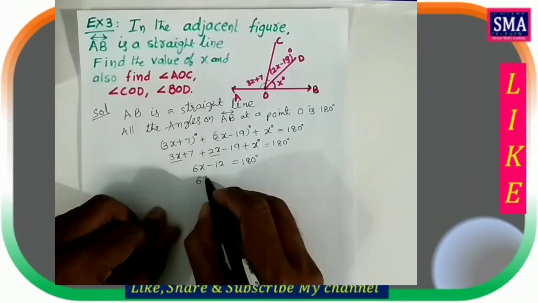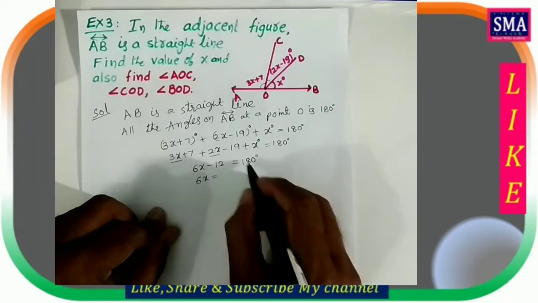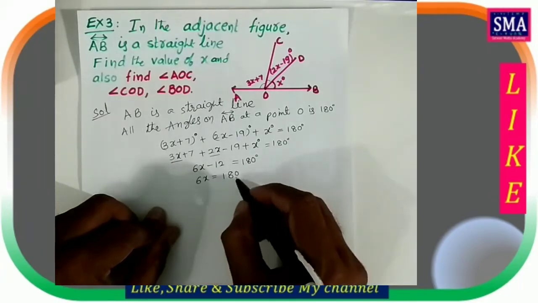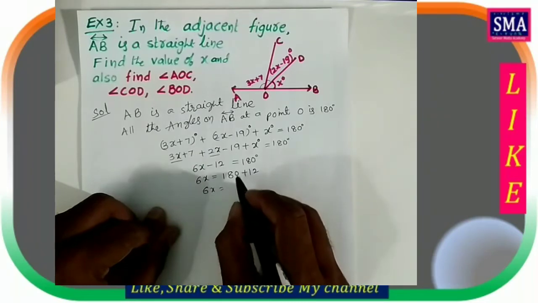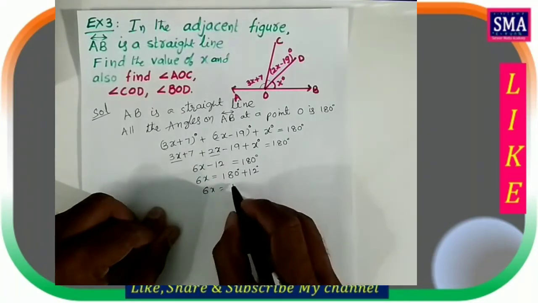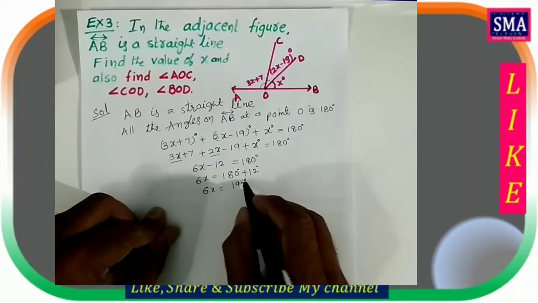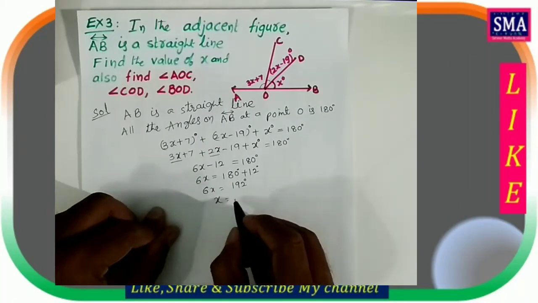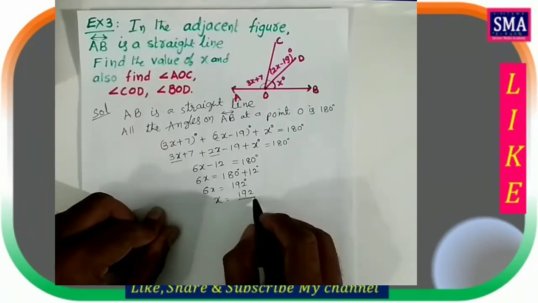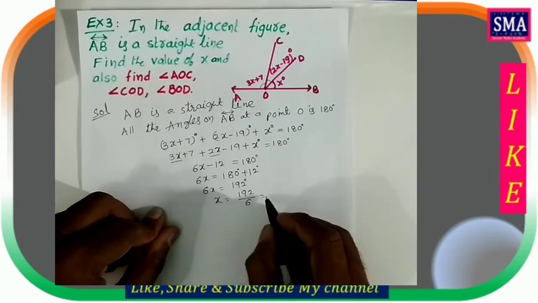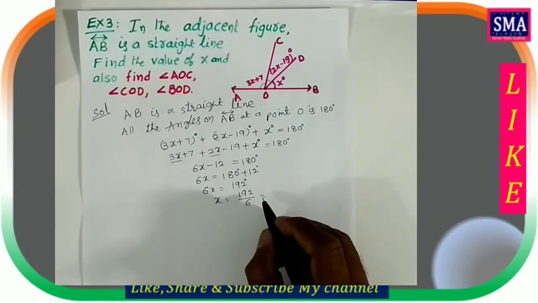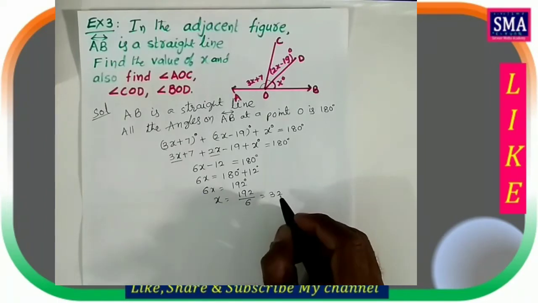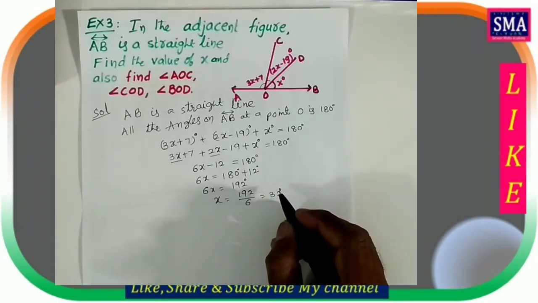So 6x equal to 180, minus 12 is transposed to the right side to get plus 12. 6x equal to 180 degrees plus 12 degrees, that is equal to 192 degrees. Then x is equal to 192 by 6. So divide by 6: 6 3s are 18, 6 2s are 12. So x is equal to 32 degrees. X value equal to 32 degrees.